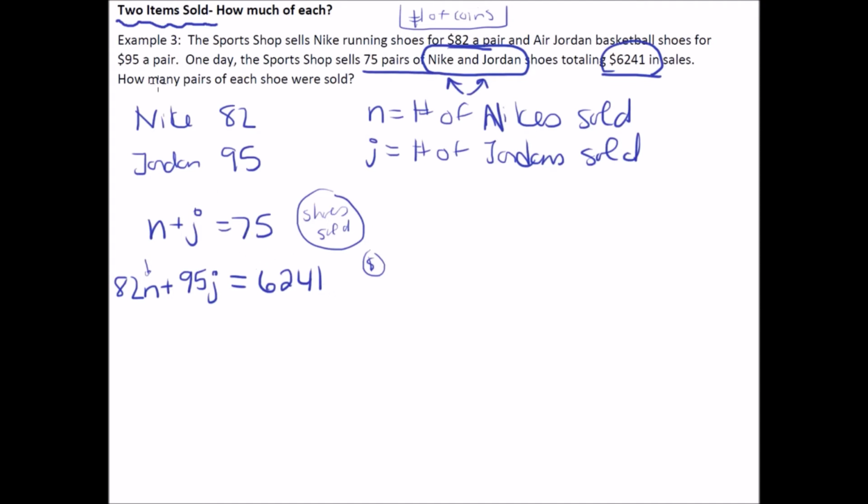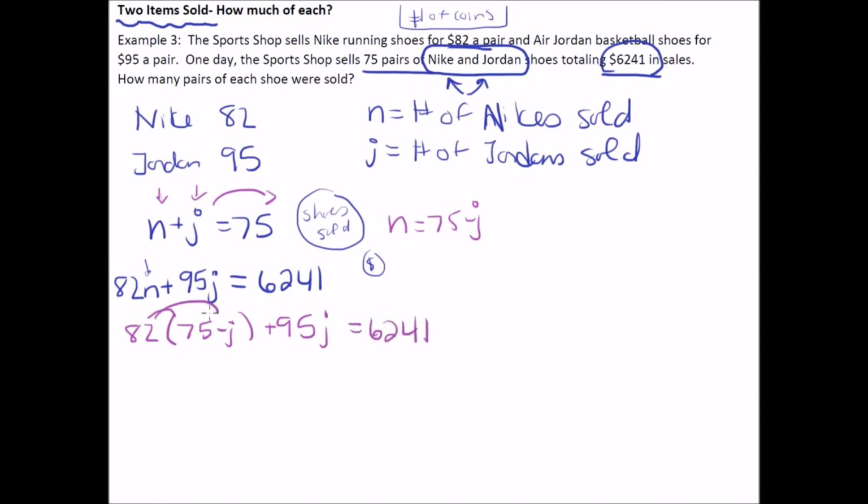Okay, we have two unknowns, so two variables, and two equations. So for this one, again, I would choose substitution because the N and the J are alone. So let's just move that J over. We're going to have N equals 75 minus J. Now let's sub that in. 82 bracket 75 minus J plus 95J equals 6241.